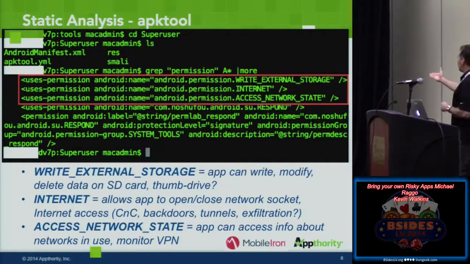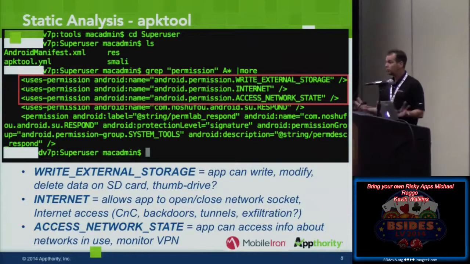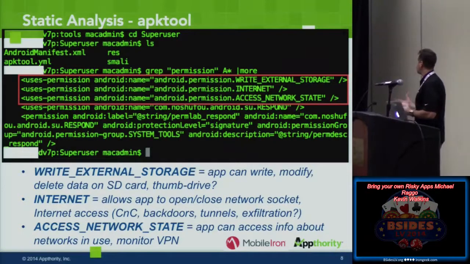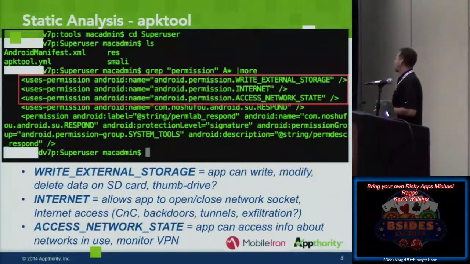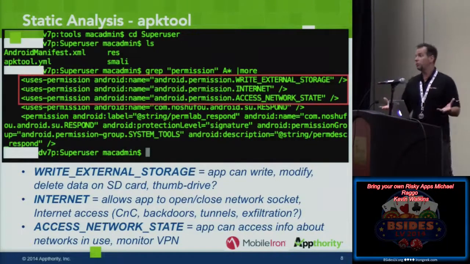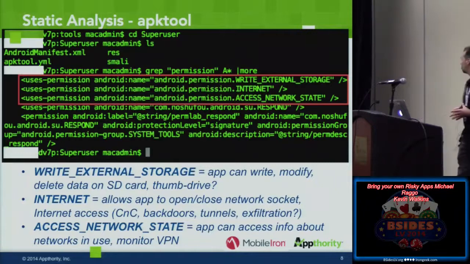Additionally, it can open a socket and network connectivity, which could lead to a plethora of attacks, right? Anything from remote command and control, exfiltration, backdoors. And then in addition to that, the actual network state. And that could be quite revealing if you're using a VPN or a per-app VPN to connect back to the corporate network.